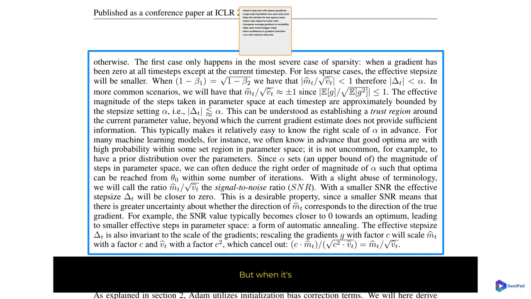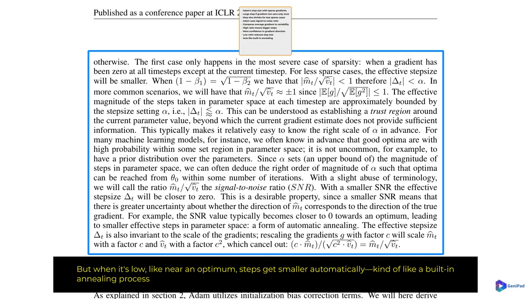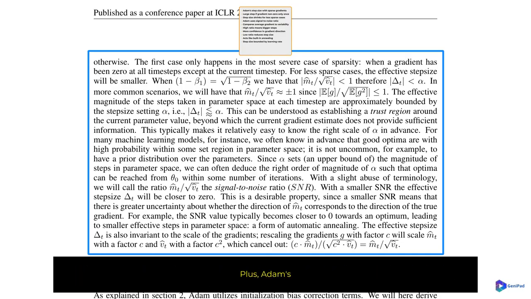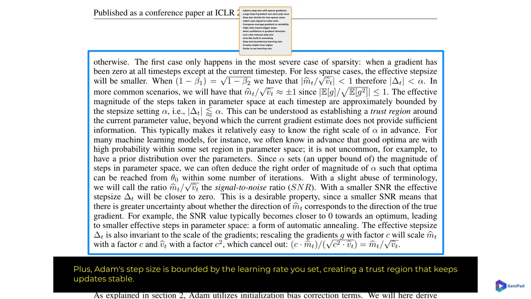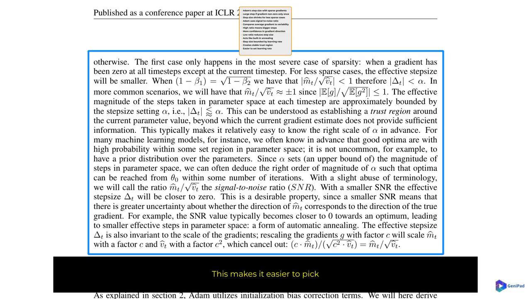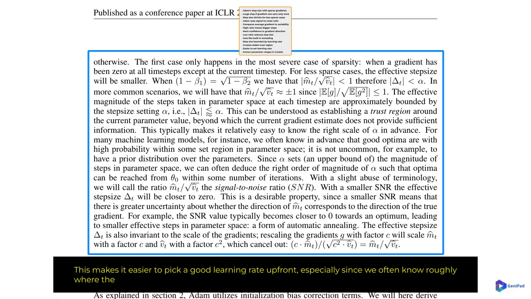But when it's low, like near an optimum, steps get smaller automatically, kind of like a built-in annealing process that prevents overshooting. Plus, Atom's step size is bounded by the learning rate you set, creating a trust region that keeps updates stable. This makes it easier to pick a good learning rate up front, especially since we often know roughly where the best parameters lie in machine learning models.